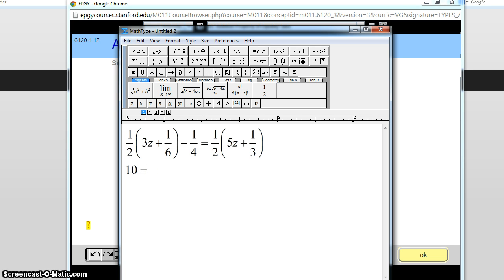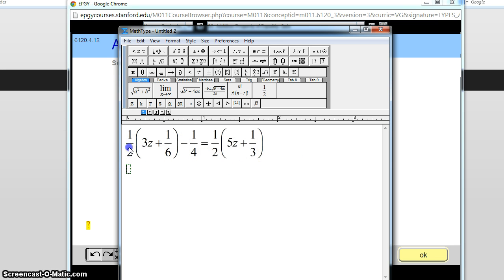On the other side, we multiply by 2 and get 10. We could do the same thing here. We could multiply this whole side by 2 and this whole side by 2, and that would get rid of our 1/2 fraction. That's a really good trick. Just for practice, I'm going to distribute, even though we know that trick. Let's just do it the slightly harder way, and we'll see what happens.